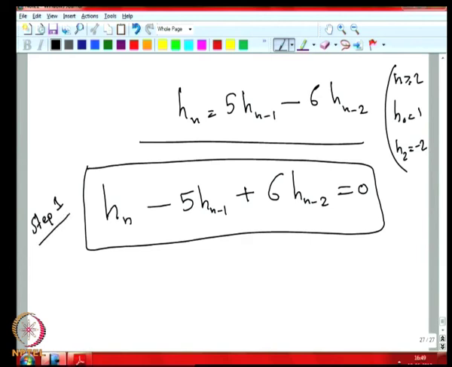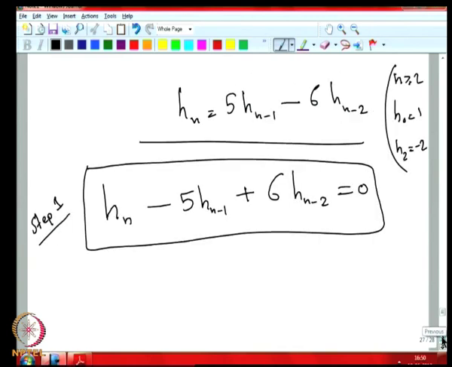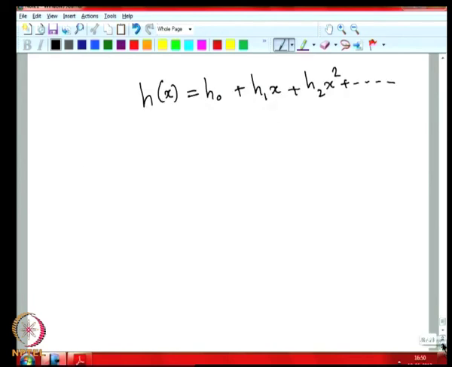In the second step we write the generating function, say h of x, equal to h0 plus h1 times x plus h2 times x square plus and so on. Now we take this minus 5 and multiply by this h of x.